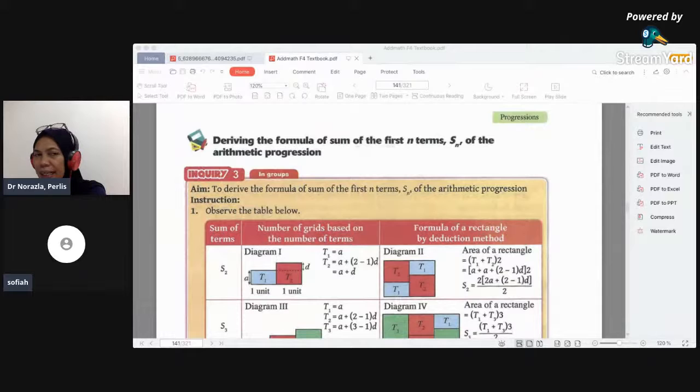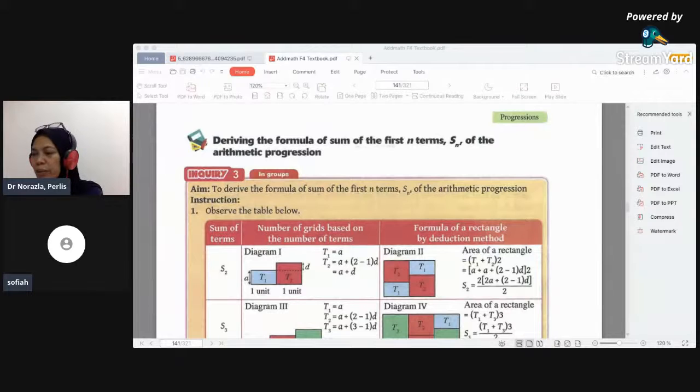Next, from diagram 1 we can conclude that T1 equals A, T2 equals A plus (2 minus 1)D. So just explain why minus 1. Why 2 minus 1?